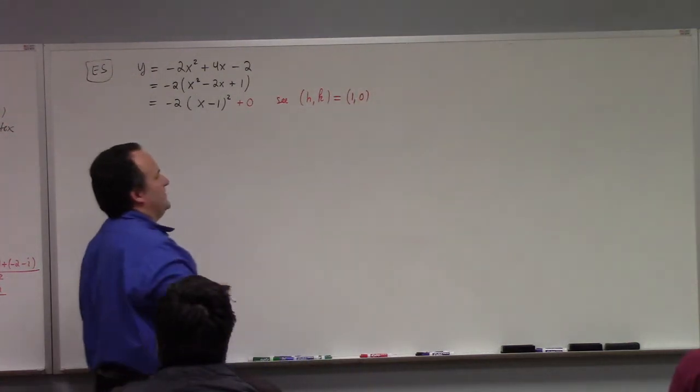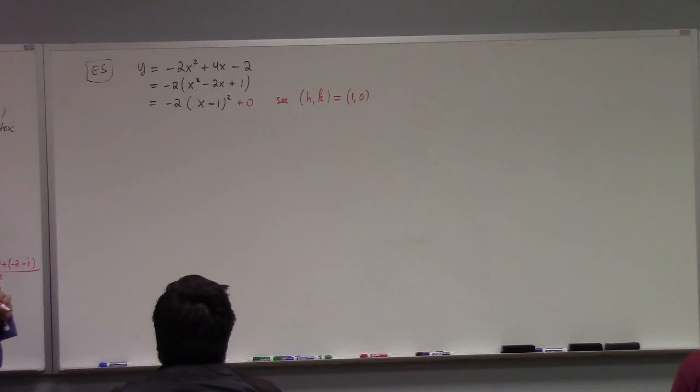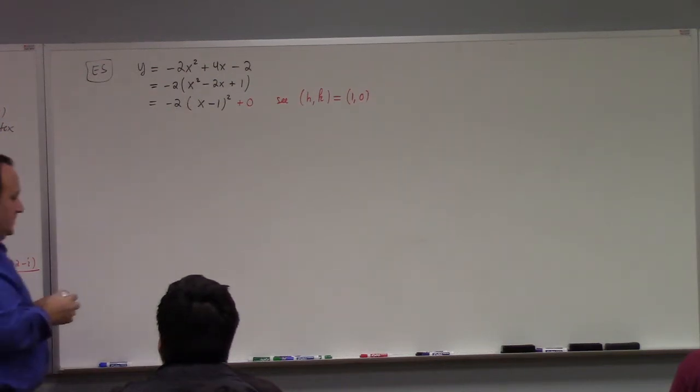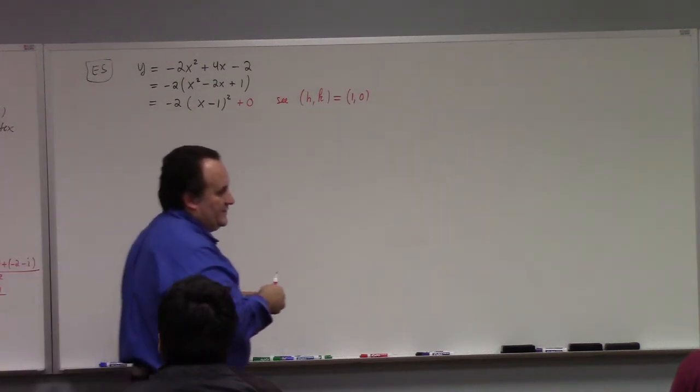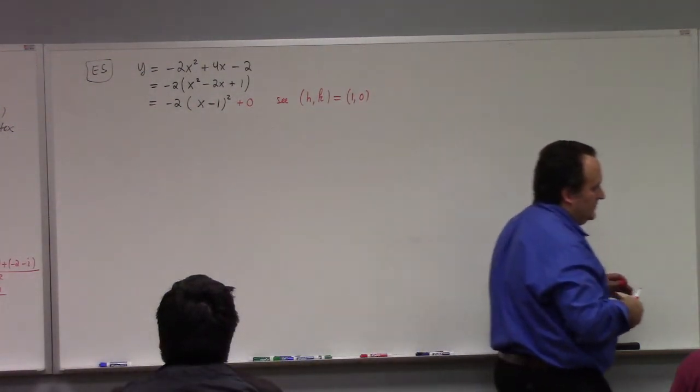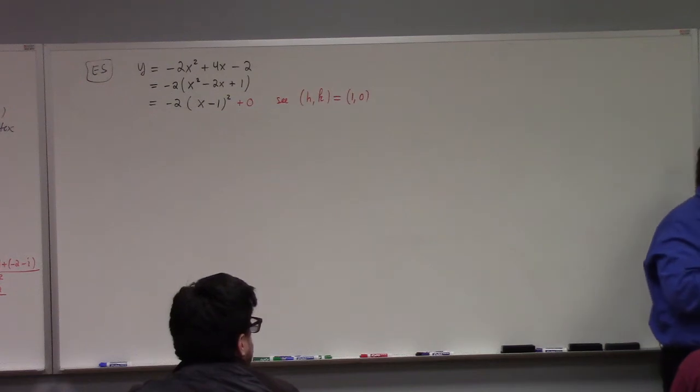But what is 1, 0 also? It's the vertex, but it's also the root, the x-intercept. Here the x-intercept and the vertex are one and the same. This is a special case. This is the case where the discriminant is 0, where b squared minus 4ac is 0.